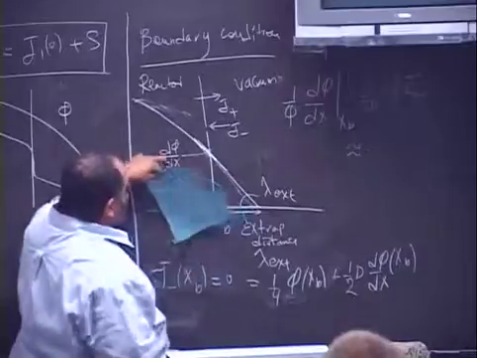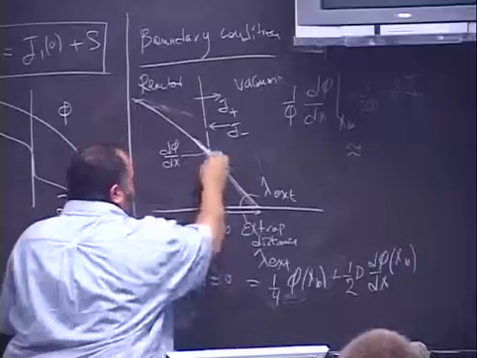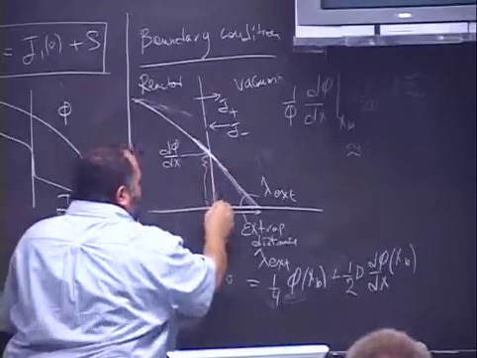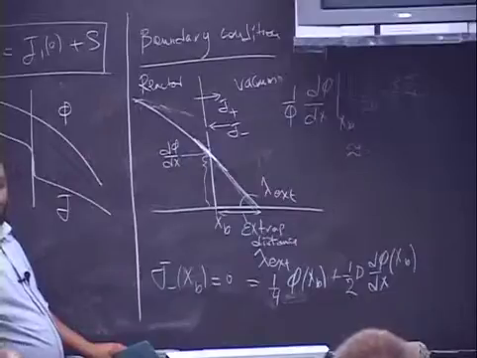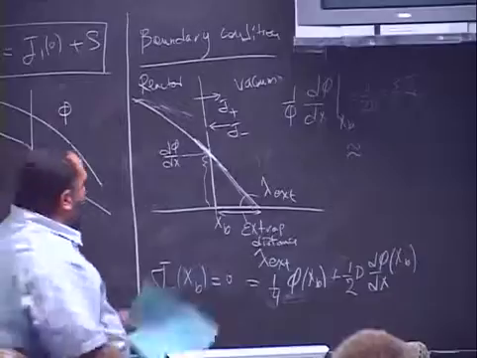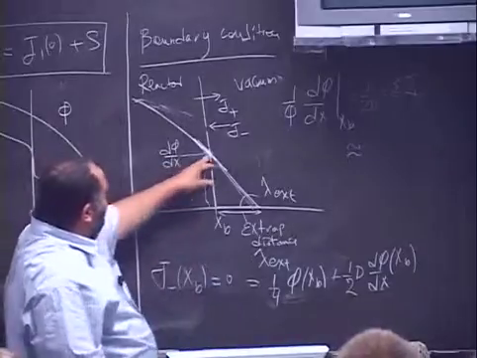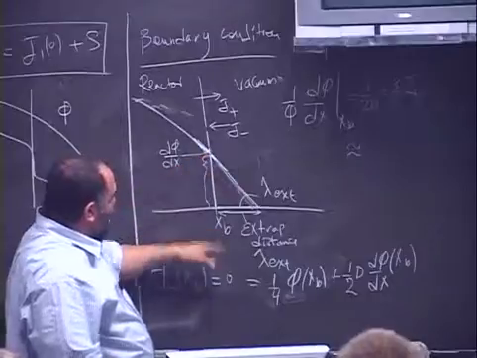And what's the slope of this line? Just this divided by this. So you can in principle get dphi/dx at this point, at xb.